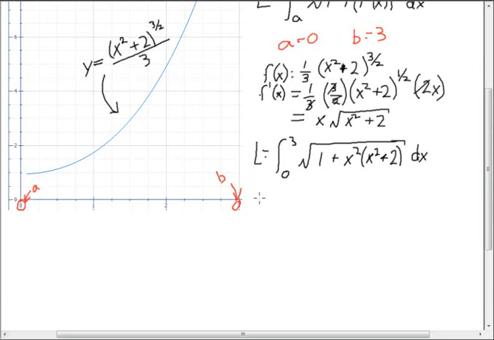So now we have L is equal to the integral, and we can just simplify this out and distribute the x squared over. So the square root of 1 plus x to the 4th plus 2x squared dx.